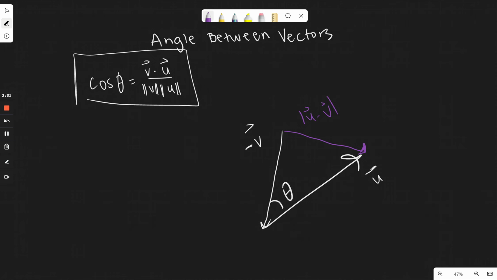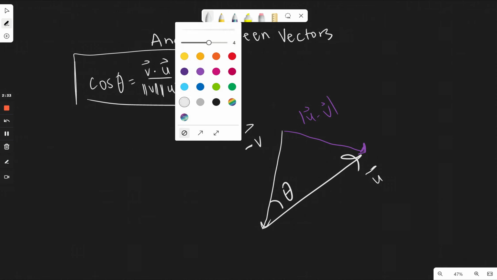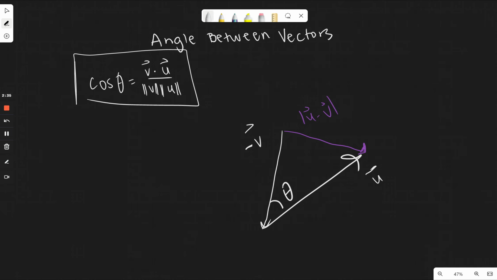Now we can use the law of cosines, which you can look at the proof for somewhere else if you want to know, or I can make a video on it.